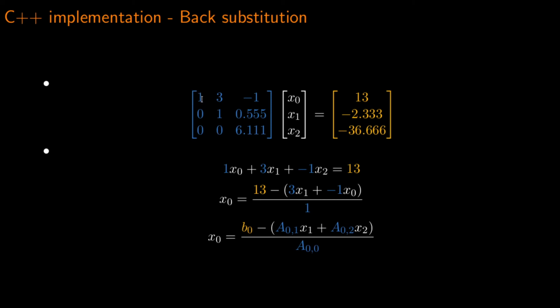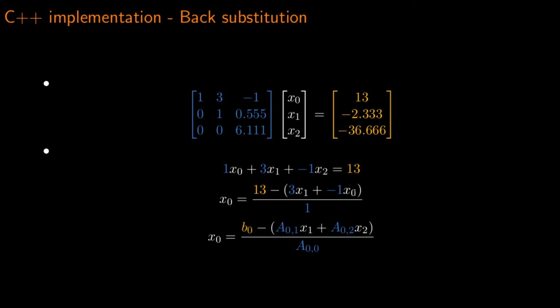So from here we have that 1 times x0 plus 3 times x1 plus minus 1 times x2, I've put the extra plus in there just for clarity, is equal to 13. Now, of course, we already know the values of x2 and x1, so we can plug those in, and we get that x0 is equal to 13 minus 3 times x1 plus minus 1 times x0, all divided by 1. That's a mistake, isn't it? That shouldn't be x0 there, my apologies.